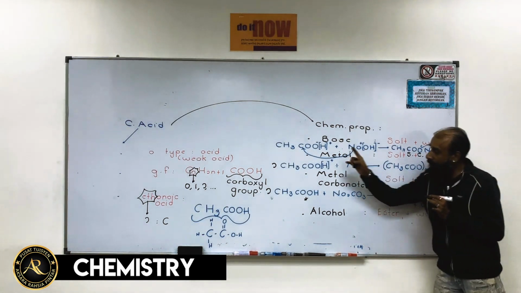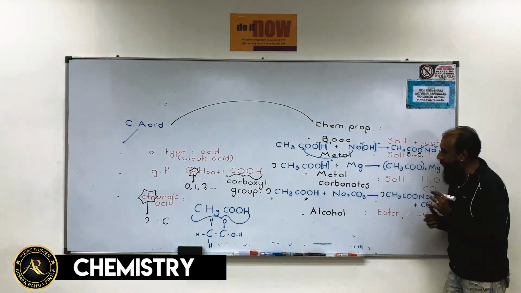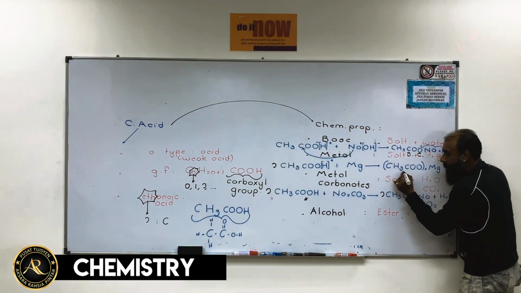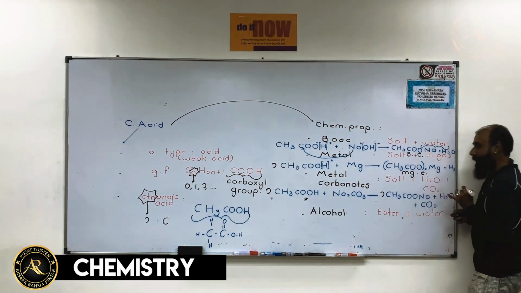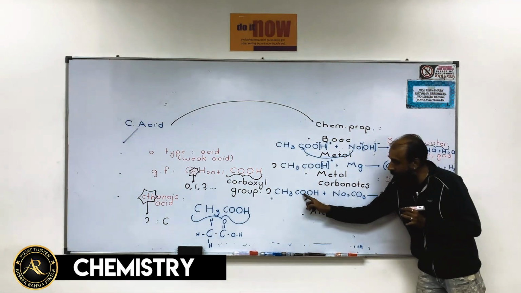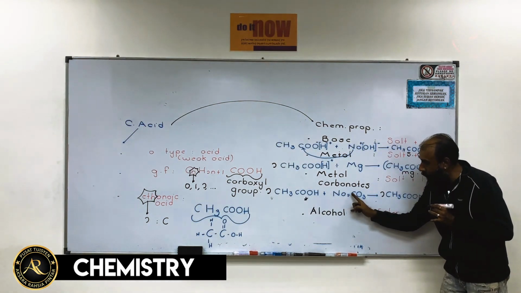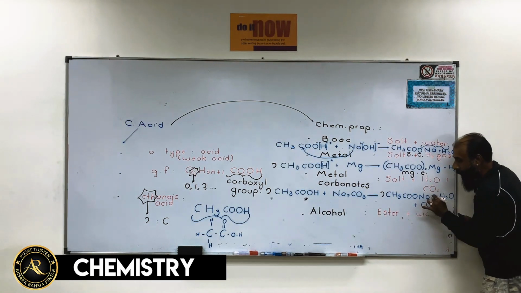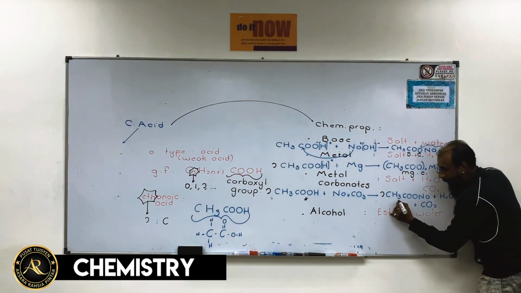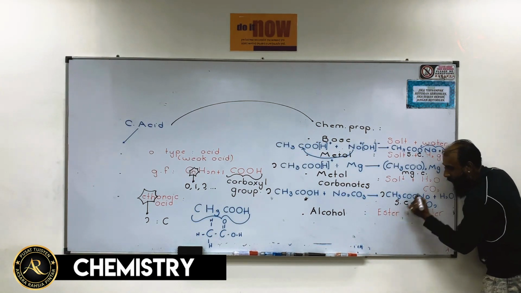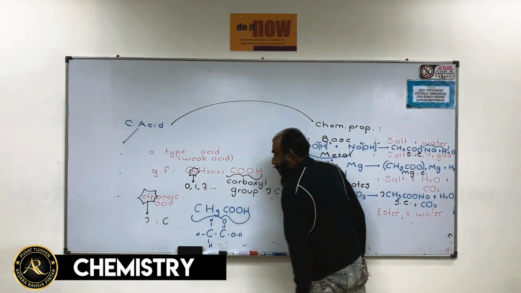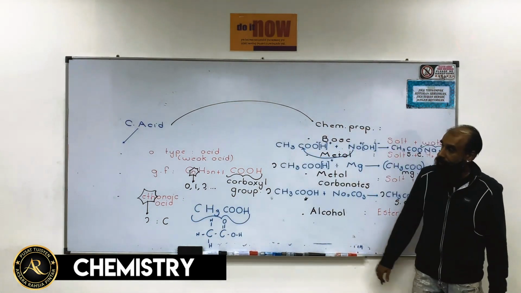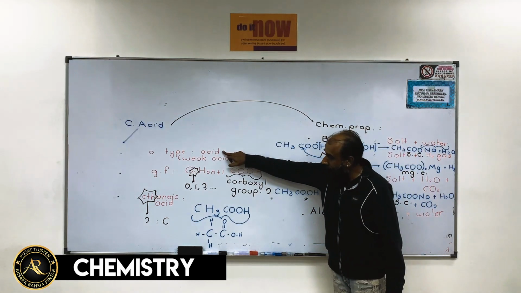If I use ethanoic acid with magnesium, my product will be magnesium ethanoate. And if I use ethanoic acid to react with sodium carbonate, my product of the salt will be called sodium ethanoate.